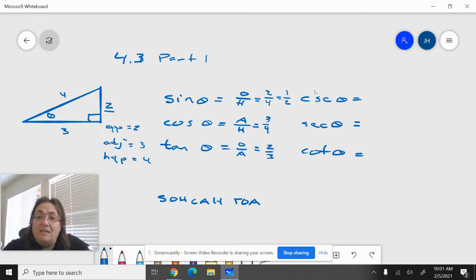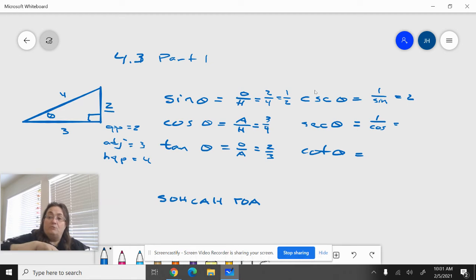Now, I wrote cosecant, secant, and cotangent in this order specifically because cosecant is the inverse of sine. It's like saying 1 over whatever sine is. But ultimately, when we do the math on that, it would just be the reciprocal of whatever we got. So here it would be 2 over 1, which just equals 2. Secant is the inverse of cosine, which means it's going to be 1 over cosine, or 1 over 3/4.